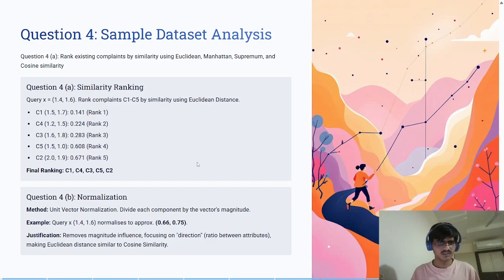Unit vector normalization divides each component by the vector's magnitude. For example, query x (1.4, 1.6) normalizes to approximately (0.66, 0.75). The justification is that it removes magnitude influence, focusing on direction, the ratio between attributes, making Euclidean distance similar to cosine similarity.